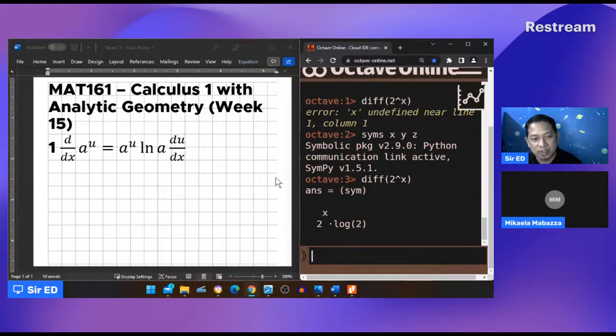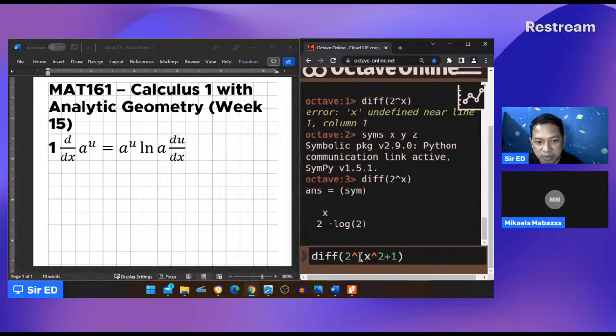And of course, if you have your du over dx, for instance, you still need to solve that. Unfortunately, you don't have a function of u for a to the u here. Since the derivative of x is 1, there is nothing more to do. For instance, what if you have diff of 2 raised to x squared plus 1?